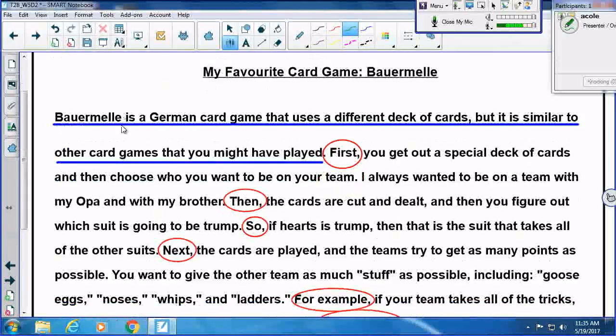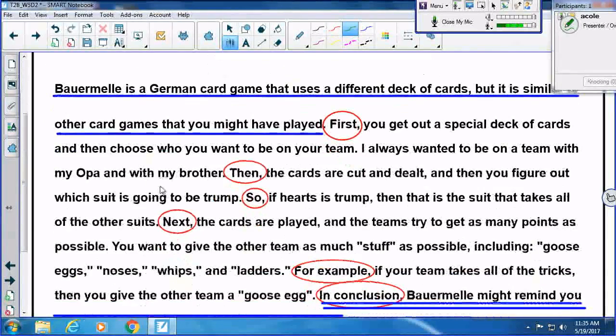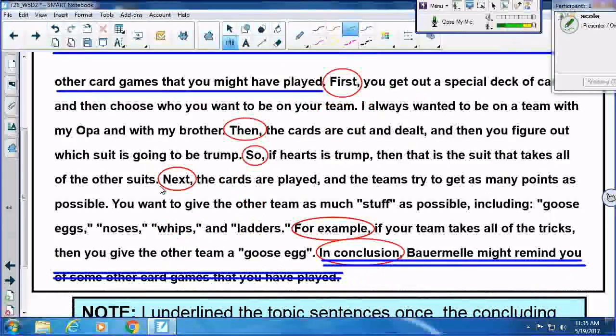First, you get out a special deck of cards and then choose who you want to be on your team. I always wanted to be on a team with my oppa and with my brother. Then the cards are cut and dealt, and then you figure out which suit is going to be trump. So if hearts is trump, then that is the suit that takes all of the other suits. Next, the cards are played, and the teams try to get as many points as possible.